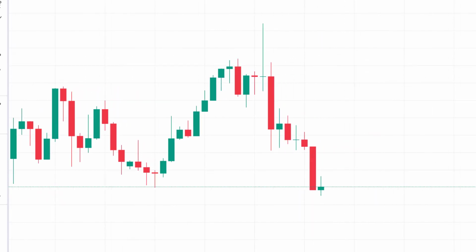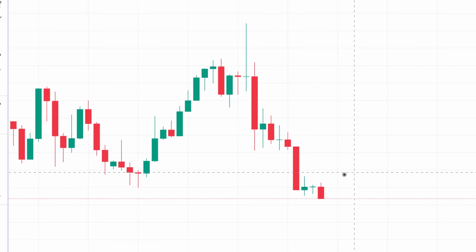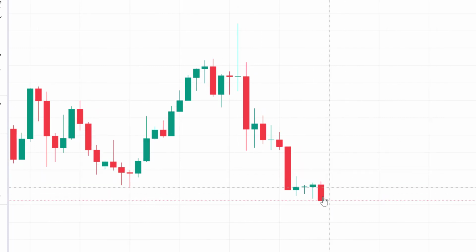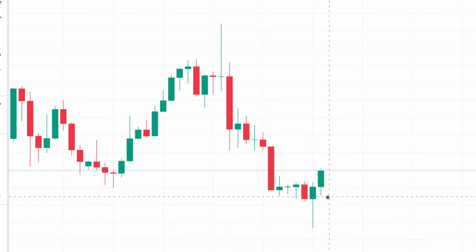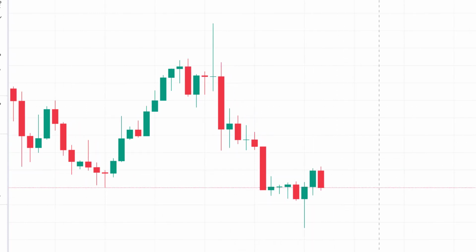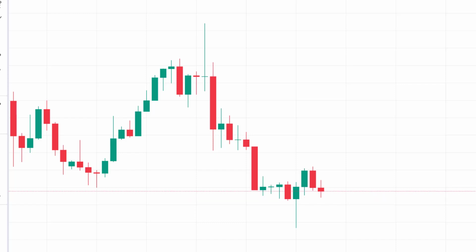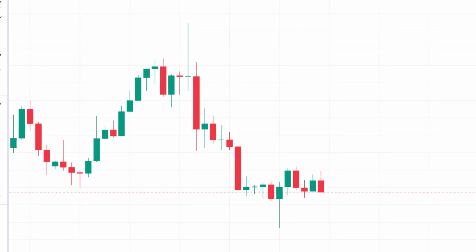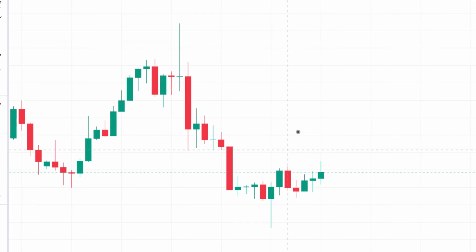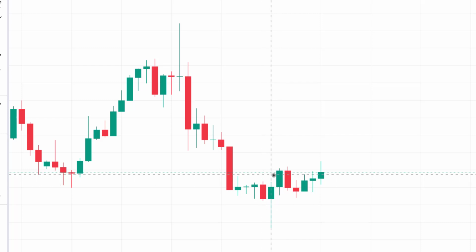All right, so you find out that the price pushed up nicely. So let's see if we can get any other formation here. You can see here there is a nice formation of a hammer candlestick.